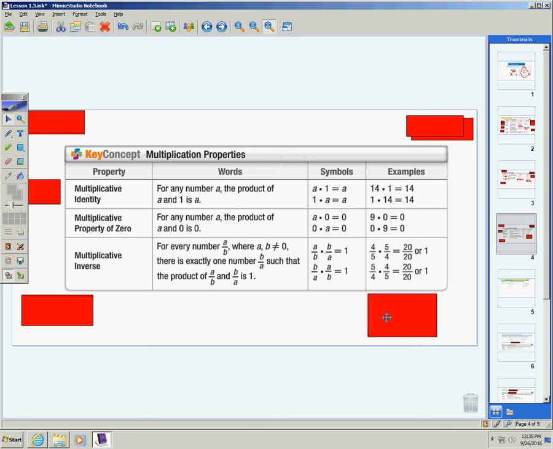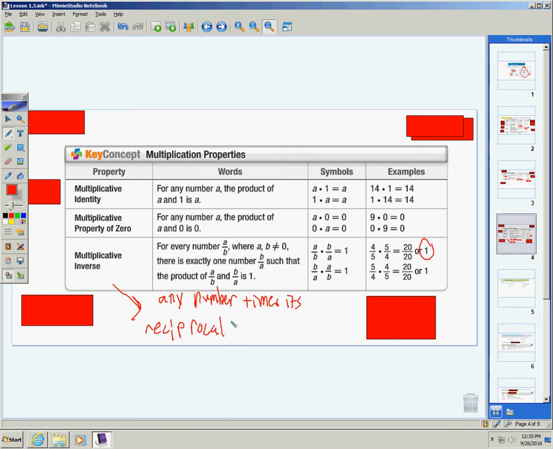Any number times its reciprocal is 1. That's what this identity is saying. Any number multiplied by its reciprocal is just going to be 1. We can see that in our example. A over b times b over a is always going to be 1.